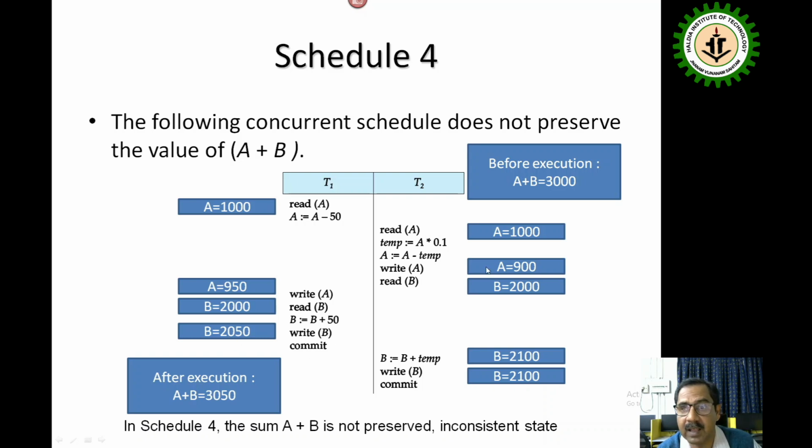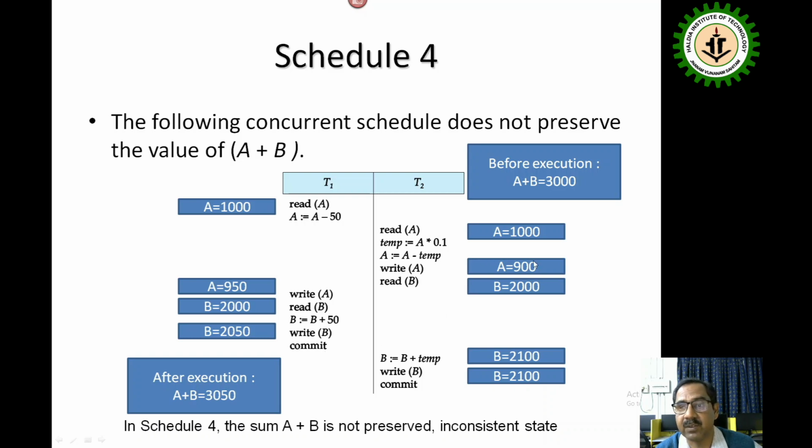But the value written by T2 on data item A, that is 900, is not saved permanently on the database, while this write operation is saved permanently since the commit operation is performed.